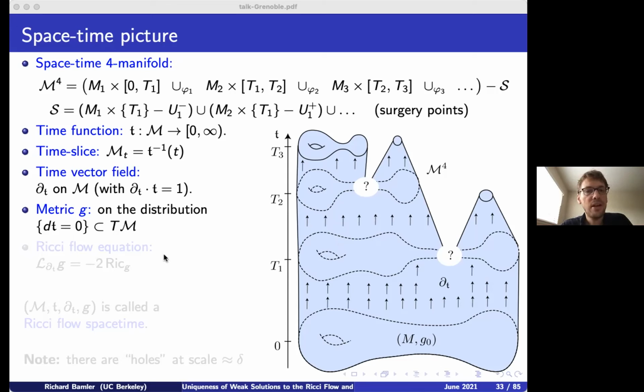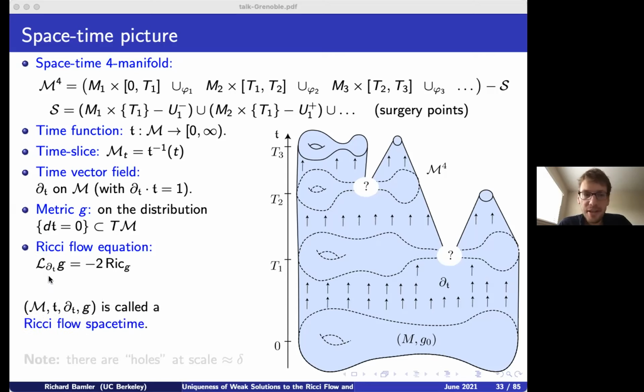We just have some kind of sub-Riemannian metric, just tangent to the time slices. But we can still compute the Ricci curvature just by computing the Ricci curvature in every time slice, and then we can write down the Ricci flow equation similarly as before, but now we have a Lie derivative term on the left-hand side. All right.